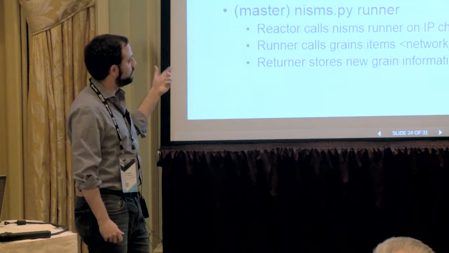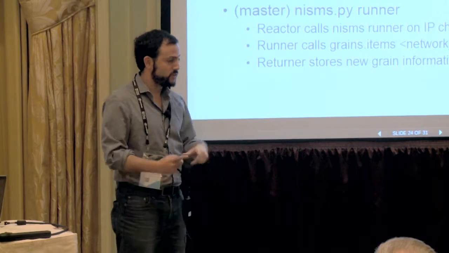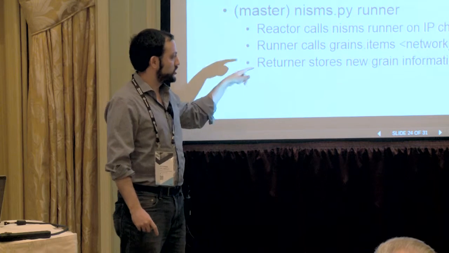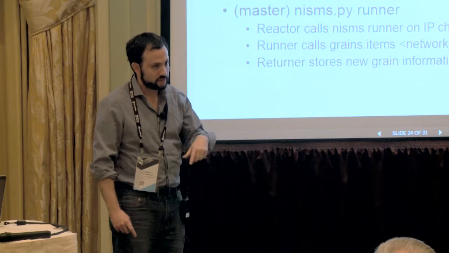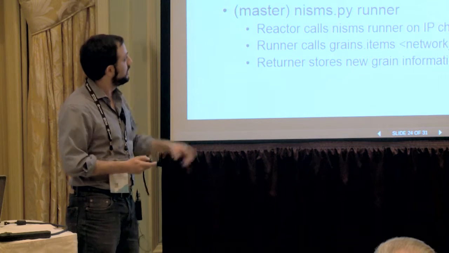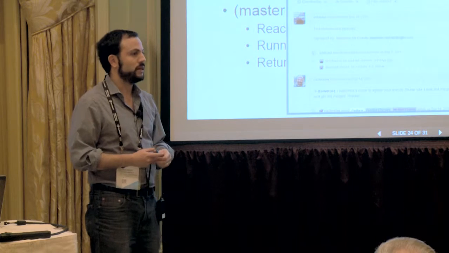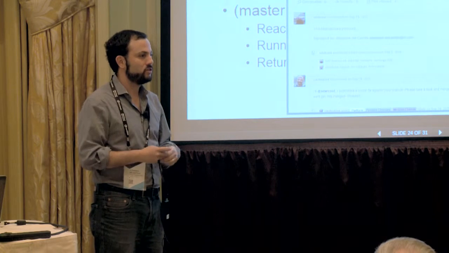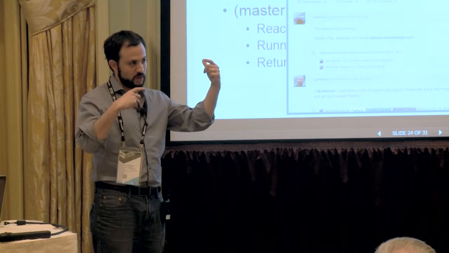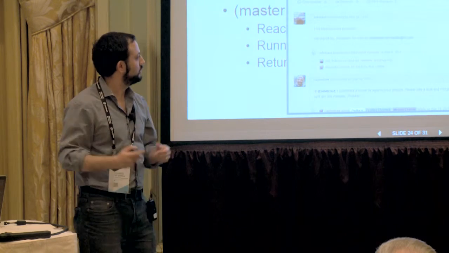And then on the master, we have a reactor that when that event is registered, it calls a runner, which does get grains. So that's how we work on it. And the network settings beacon, we went ahead and upstreamed that too and made it generic, so you can choose which things, changes in which things, are going to trigger an event.